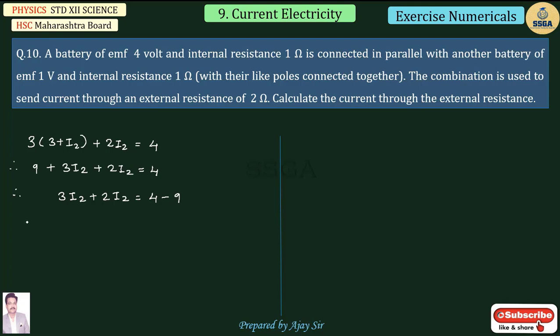Therefore 3 plus 2, that is 5 I2, is equal to minus 5. So I2 is equal to minus 5 divided by 5, therefore I2 is equal to minus 1, so this is minus 1 ampere.